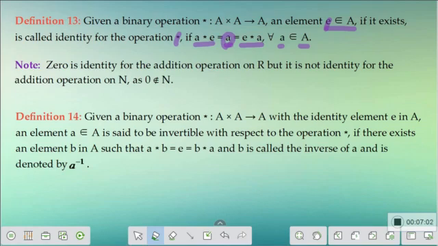I hope you all remember we used to define 0 and 1 as identities.